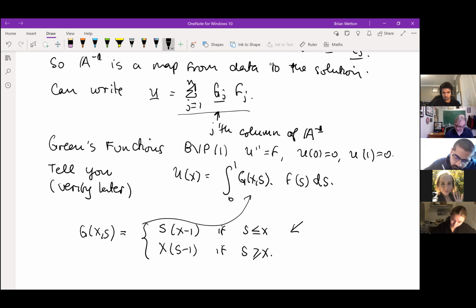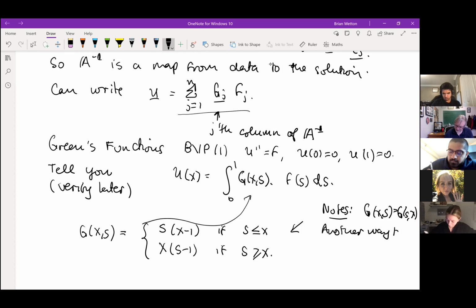And I'll make a couple of notes. This G is symmetric. Right? And it's another way to define a weak solution.